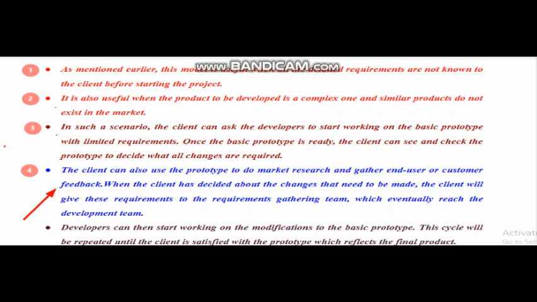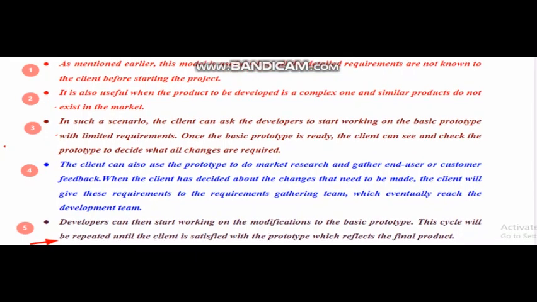So that is the fourth application where we go for this kind of approach. Then developers can start working on the modifications. The cycle will be repeated until the client is satisfied with the prototype, which reflects the final product.